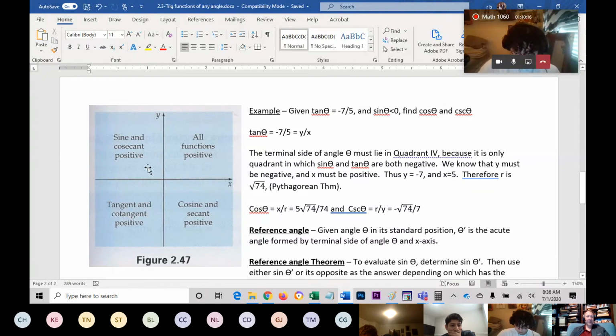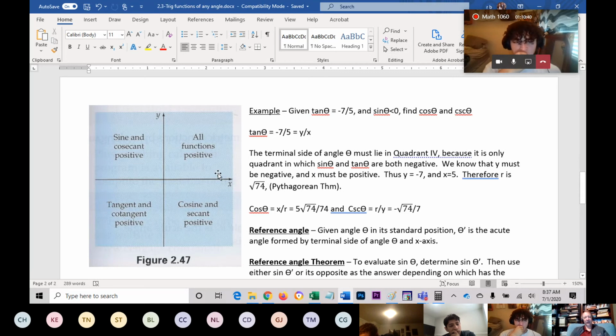The sine and the cosecant, and people usually just remember the sine because the cosecant is just the reciprocal. The sine is always positive in quadrants 1 and 2. The tangent and cotangent are always positive in quadrant 3, and the cosine and the secant are always positive here.